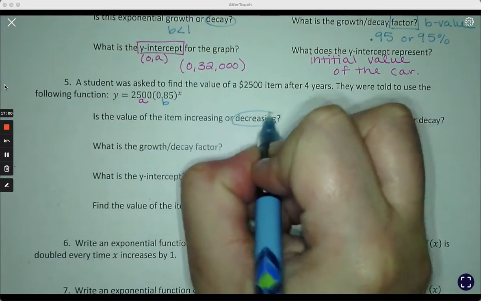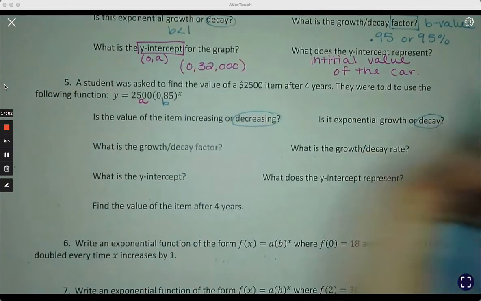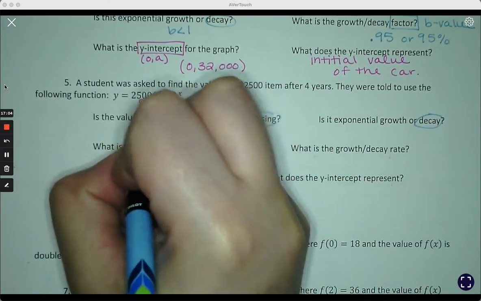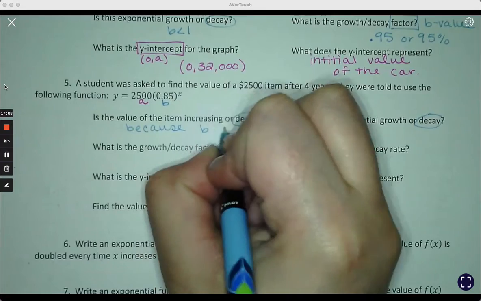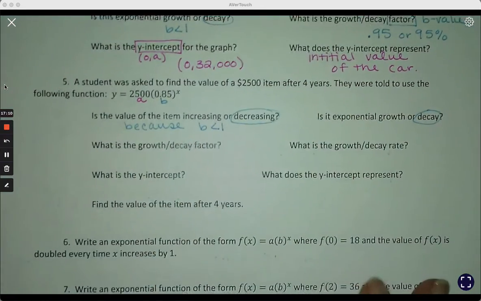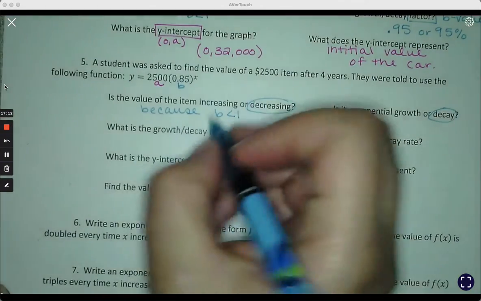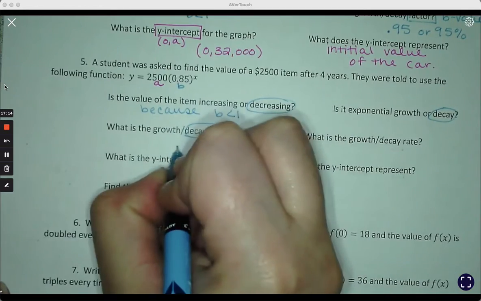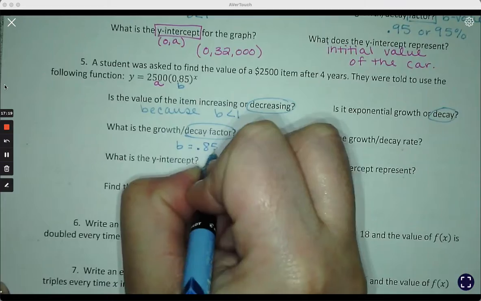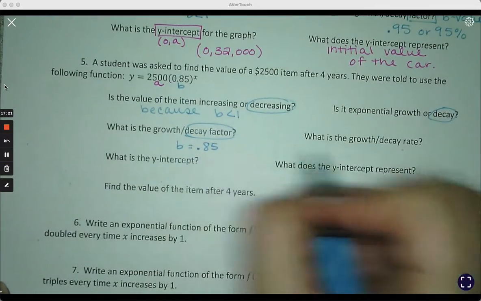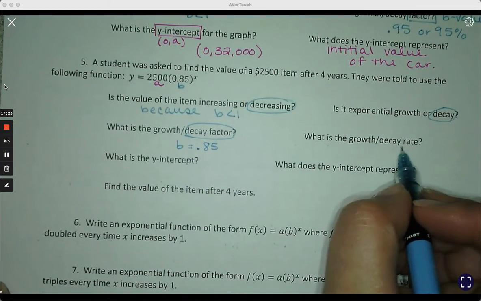It's decreasing, which means it's a decay, because B is less than 1. Okay, so the decay factor, 0.85. All right, so what is the growth rate?